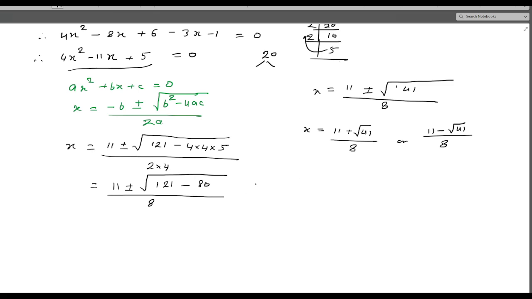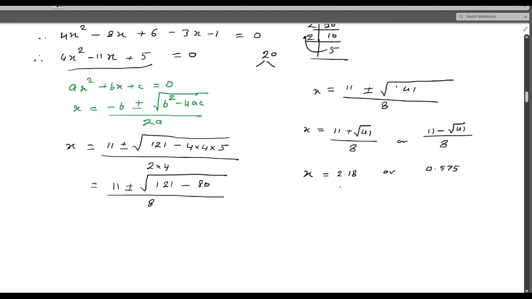So the result here is x is equal to 2.175, so I will say 2.18, or 11 minus root 41 whole divided by 8. So the other answer is 0.57, or it is 0.575. I'm writing my answer in three significant figures.